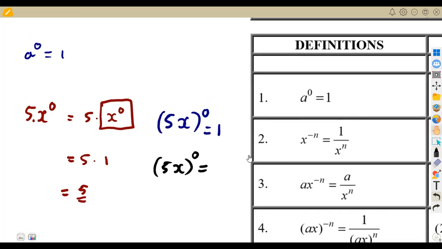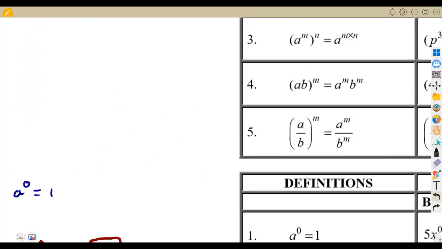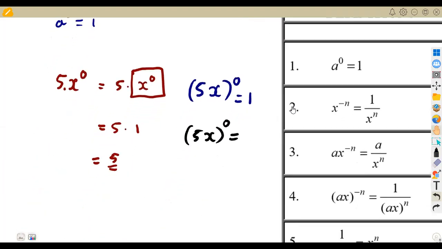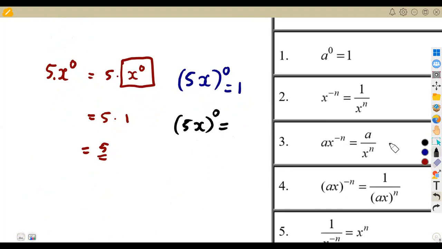Remember what we said about a term, if you are multiplying and it is being raised to a certain exponent, everything is going to be affected by the same exponent, everything inside of the bracket. So here inside of our bracket, we have 5x being raised to the exponent of 0. So it means 5 is going to be raised to the exponent of 0.